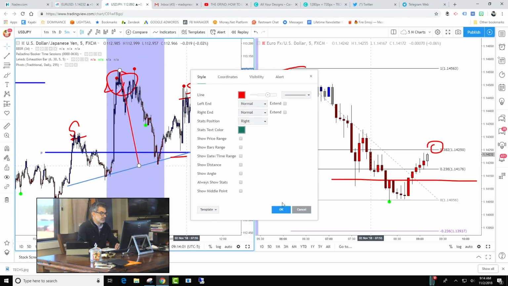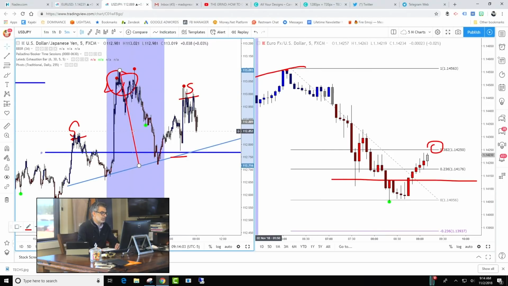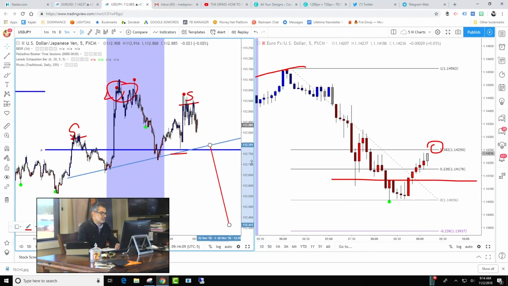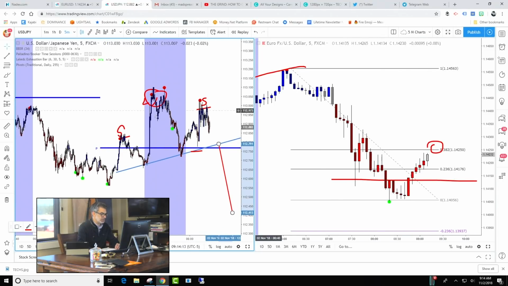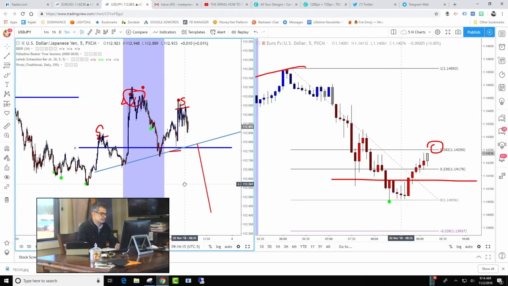Let's color it red. So if it breaks out lower, what it should do is break out lower and extend the distance of the original head and shoulders, the distance between the head and the neckline. So if it breaks lower than the daily pivot, it should go down. Oh, speaking of daily pivots.